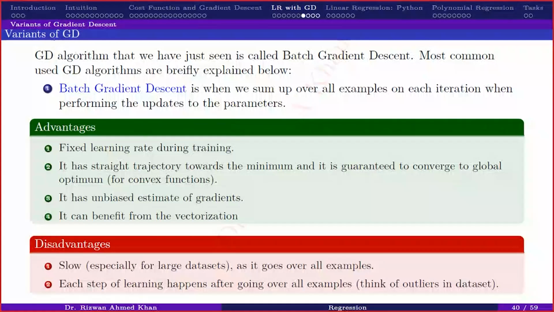There are a few variants of gradient descent, and if you read the book you will find different variations of the algorithm. Gradient descent is used a lot in machine learning. It is also used in neural network optimization problems. The gradient descent algorithm which we just discussed is called batch gradient descent, and it is the most commonly used.